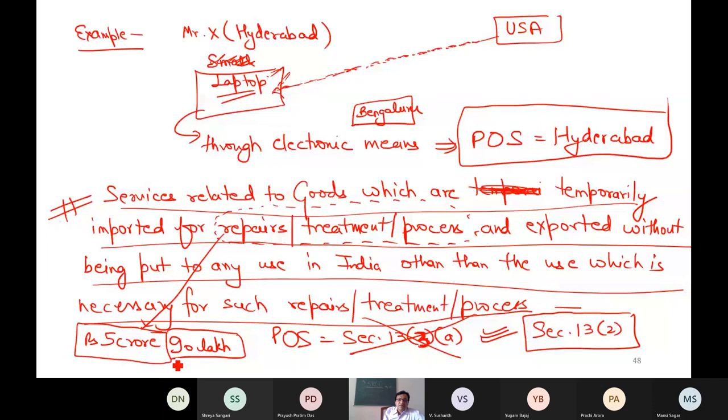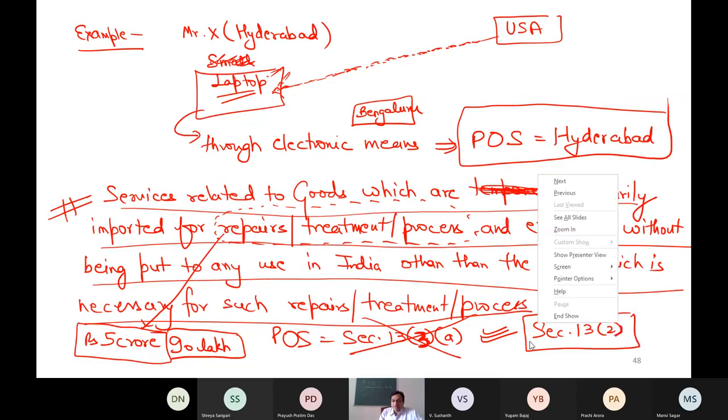Government says that place of supply will be determined, but not as per section 13 subsection 3 clause A. Because if you apply 13(3) clause A, you will apply the provision that the place where the goods are provided or supplied to the supplier. That's it. But no, government says no. We will determine the place of supply as per section 13 subsection 2 then, not as per 13 subsection 3 clause A.